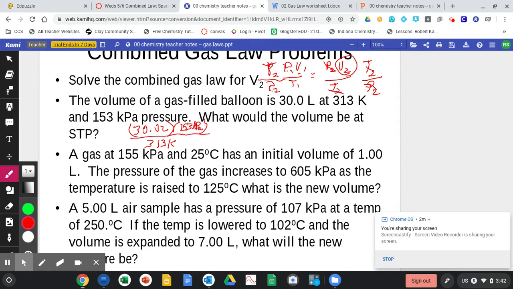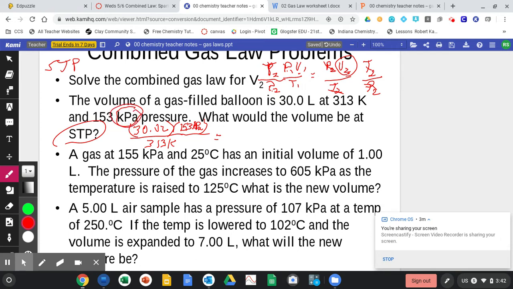So there's all of the ones. The second set of circumstances says STP. Remember, STP are numbers. STP was 1 atmosphere or 101.3 kilopascals or 760 millimeters of mercury.